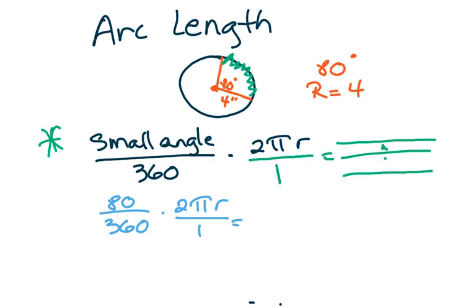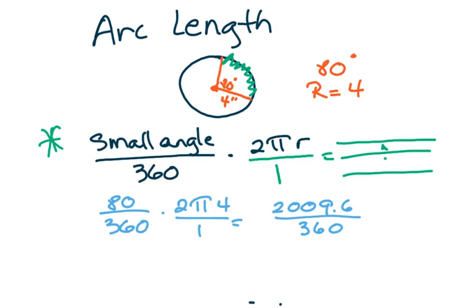If I multiply that straight across, by the way, the radius right here is 4, so let's just put that down. Now, when we multiply that straight across, we get 2009.6. We multiply the bottom, and we get 360.